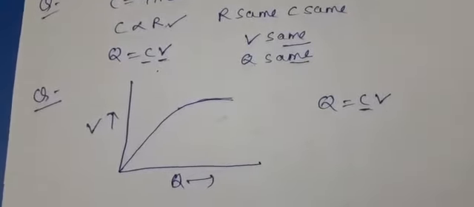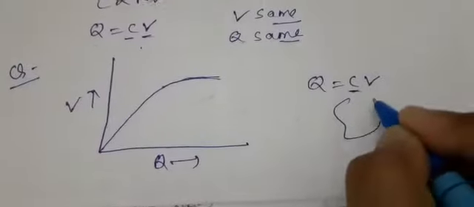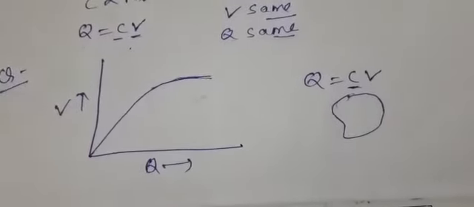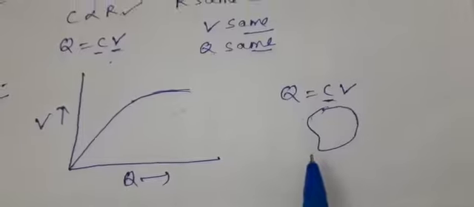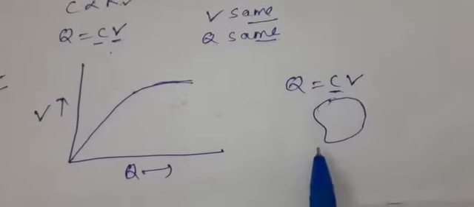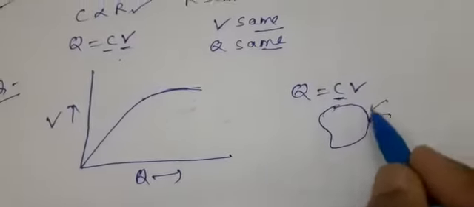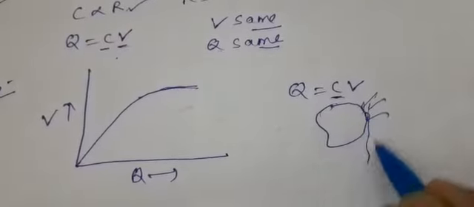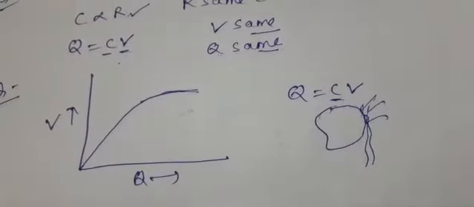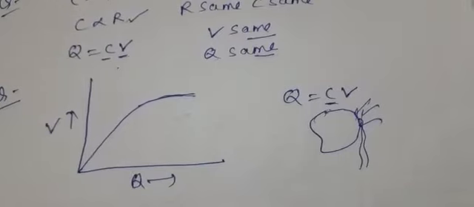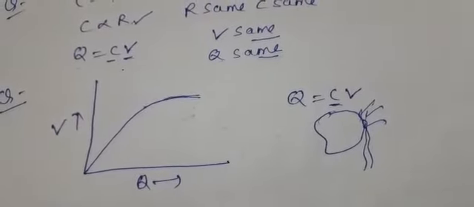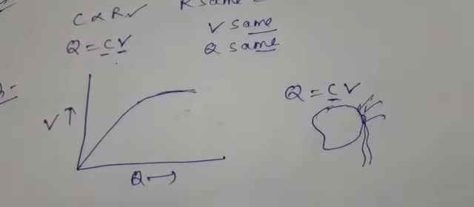Actually, what happened, as we have already explained, is that when some charge is given to a conductor, a certain amount of charge will raise its potential, directly proportional. But when extra charge is given to it, that charge may leak to the surrounding. When the charge is leaking, in that particular case, it will not contribute to potential.